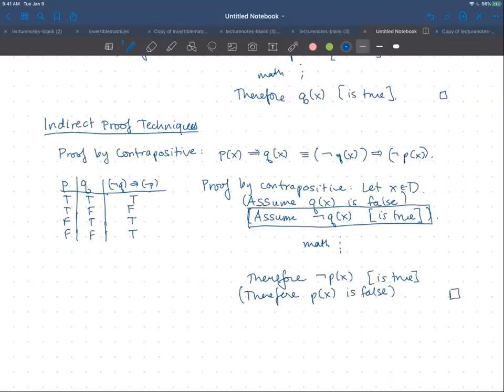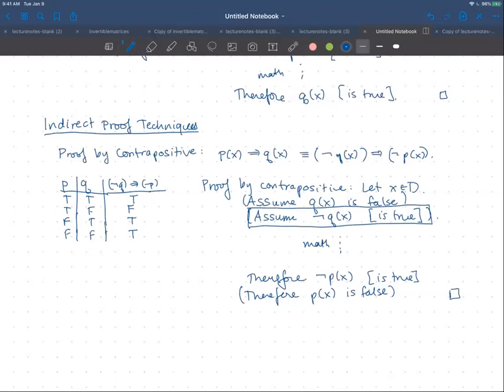And that's the end of our proof. Because again, if we assume that Q of X is true, automatically our implication not Q implies not P is also going to be true. So there's nothing to do there. So proof by contrapositive, sometimes it's a little bit easier to do a proof by contrapositive.